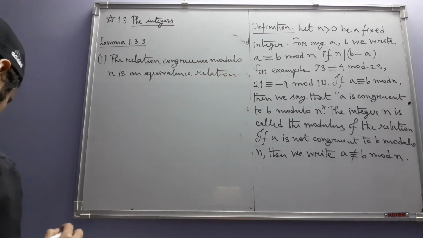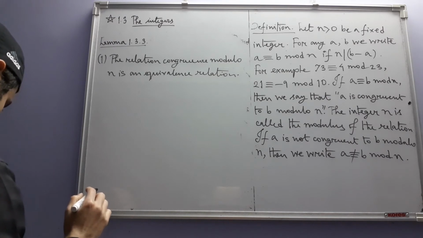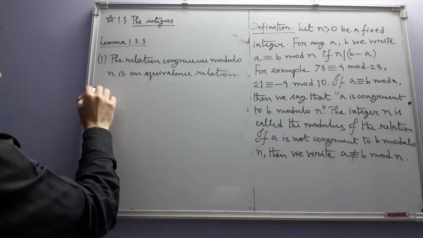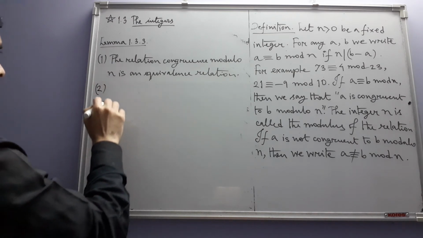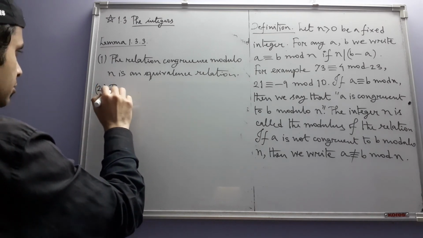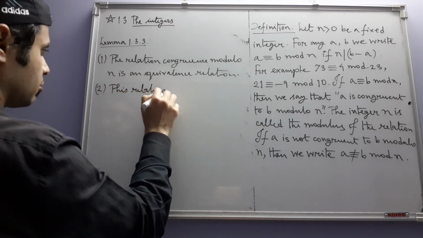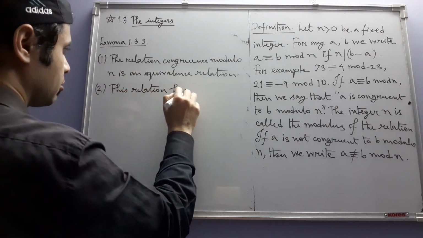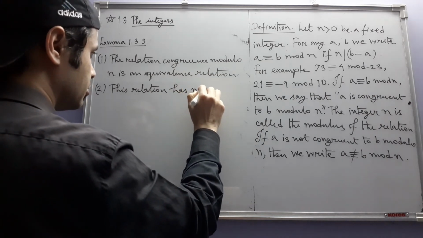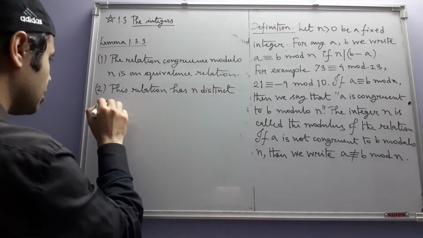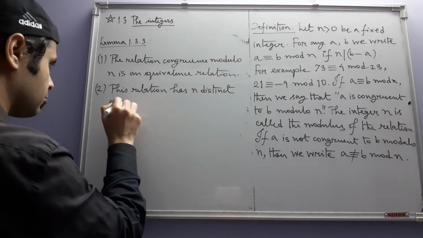Okay, so this is the first one. Number 2: this relation has n distinct equivalence classes.